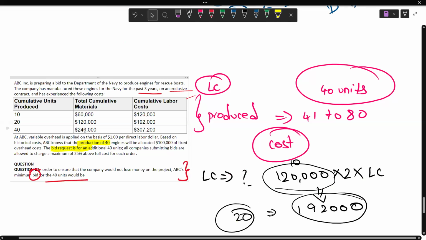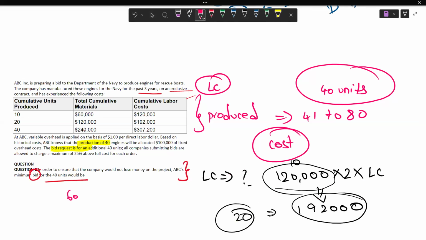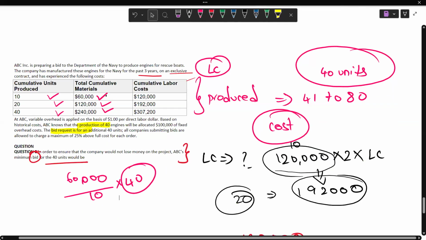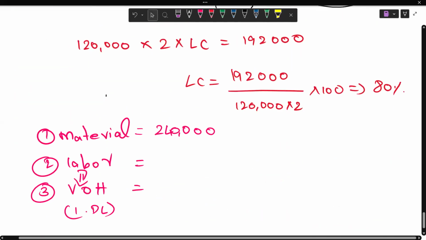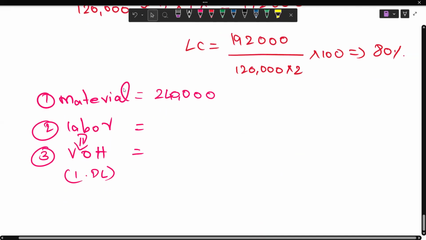If you are still confused, take 60,000 divided by 10 into 40. Or take 120,000 divided by 20, or 240,000 divided by 40, and you will get the material cost for the next 40 units. Don't make these silly mistakes. Whenever someone concentrates on calculating the labor, they miss the material. That's one of the problems here.